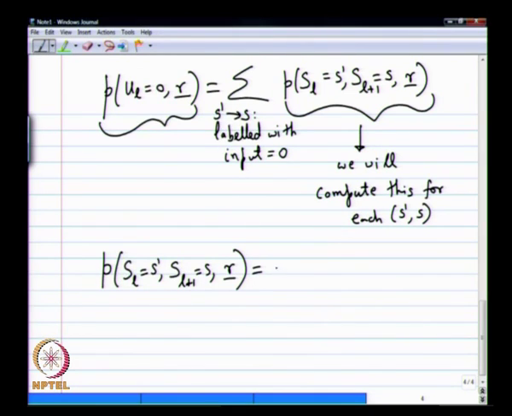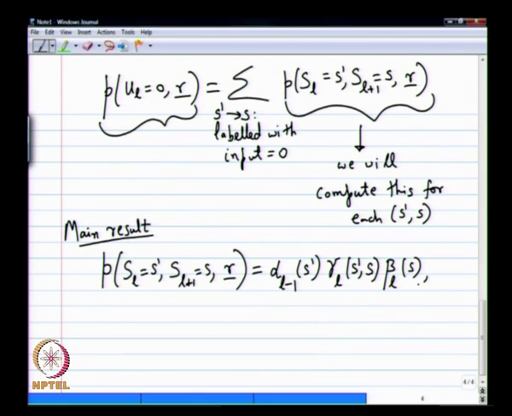So what are the 3 terms? The first term is alpha_{L-1}(S prime), the next term is gamma_L(S prime, S), and then the next term is beta_L(S). One can show that it can be written as a product of 3 terms. Like I said, this is the main result, and this result will naturally give you the algorithm.